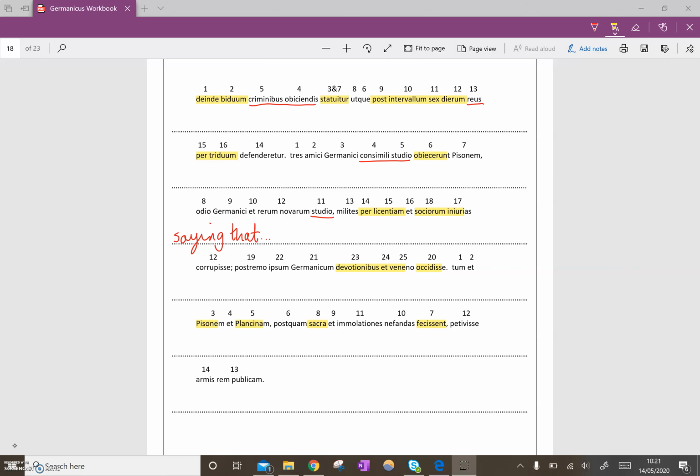Finally, he had killed Germanicus himself with curses and poison. Then both Piso and Plancina, after they had performed sacred rites and unspeakable sacrifices, had attacked the state with arms.